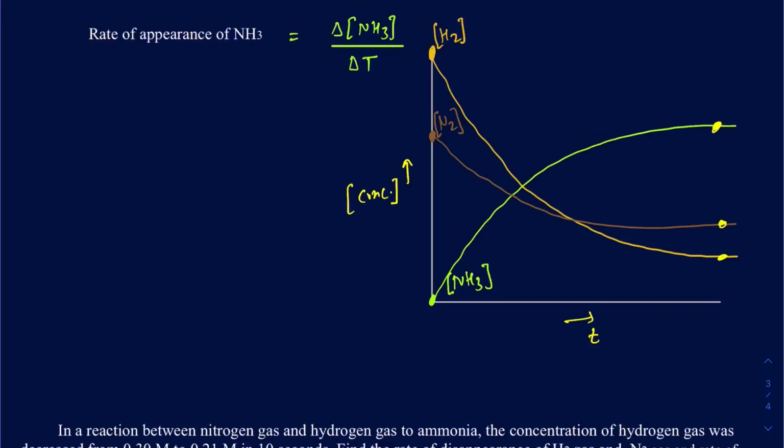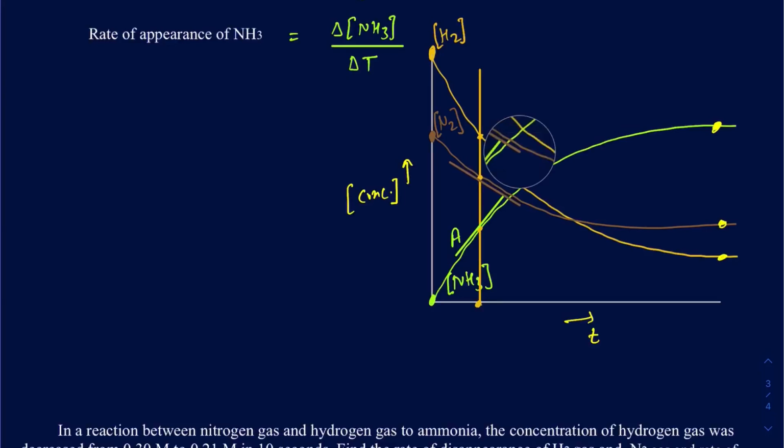So suppose I have a time frame here, and I can probably just draw a line here for that part. If I draw a line here, I'm going to be looking at wherever we meet on those three graphs, and I'll draw the tangent on all three graphs. On this NH3 graph here, I'm going to call this line A, and then I can draw the tangent on this N2.